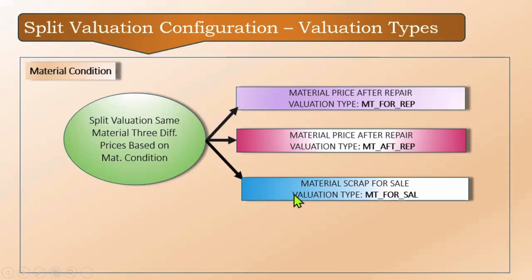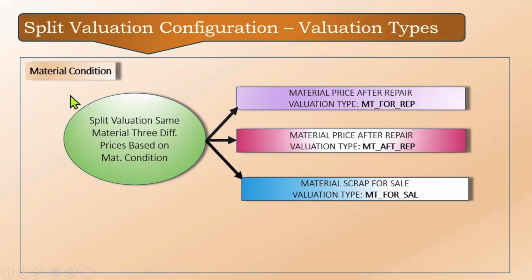This is another sample diagram, just to have a clear concept of split valuation based upon material condition. In my previous video, I showed the same diagram, but only with two different prices. I added one more price here based upon the condition of the material, so that the user will know what happens if you take three different prices and how the system performs it.